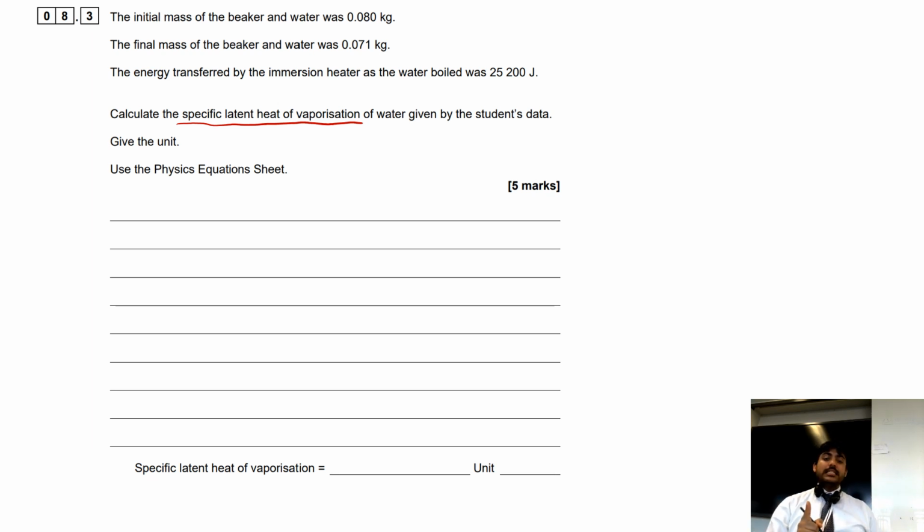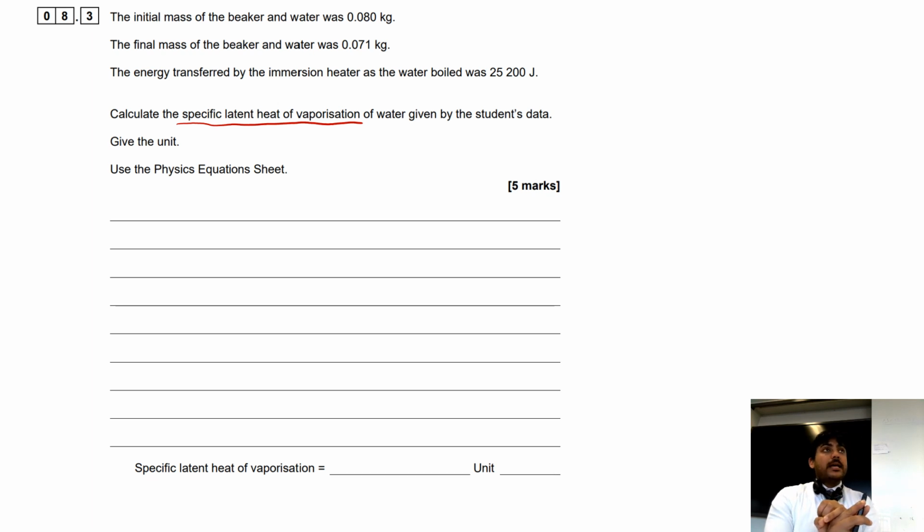The specific latent heat of vaporization is the energy needed to change 1 kilogram of water from liquid to gas. The energy needed to change the state of 1 kilogram of water, but it has to be at constant temperature.